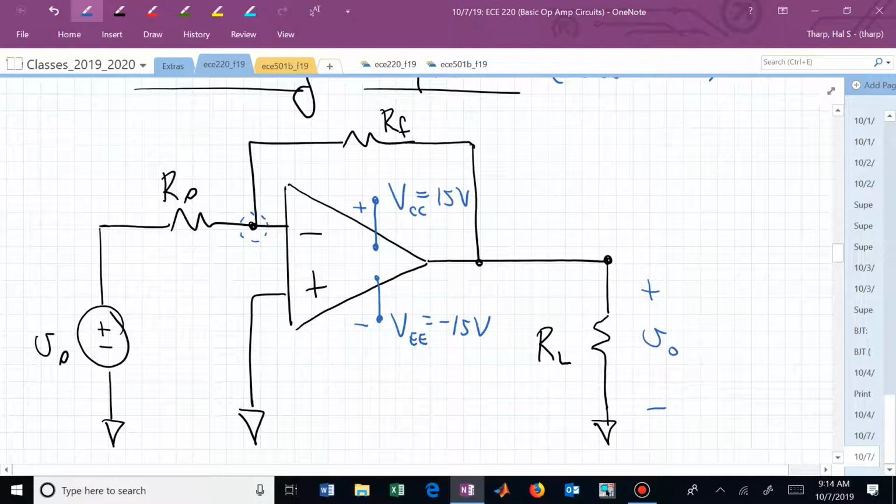Here is V sub n, and when I write V sub n, I'm really meaning this voltage between that pin. If I had my measuring leads in the lab, I would put my positive lead at the inverting pin of the op-amp, and my negative lead at the reference node.